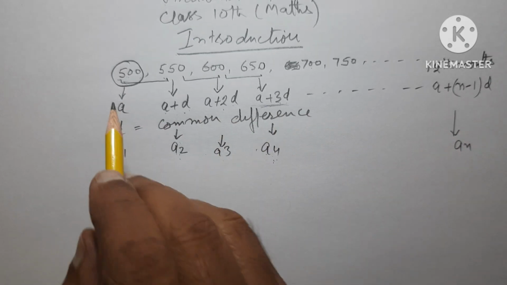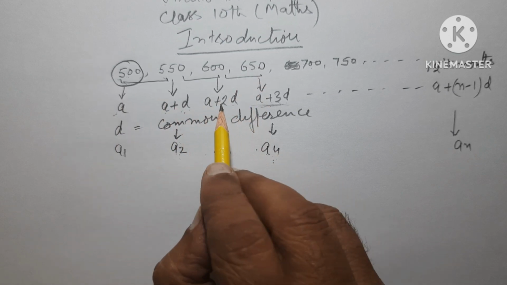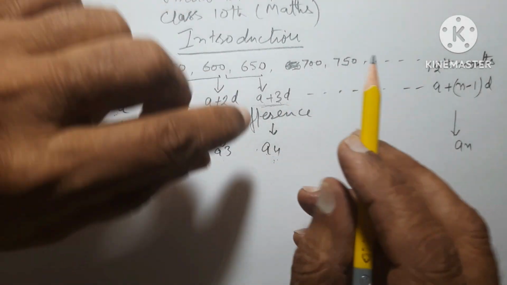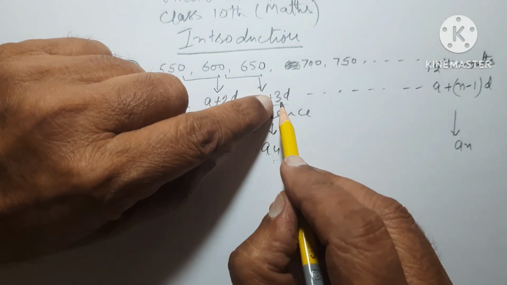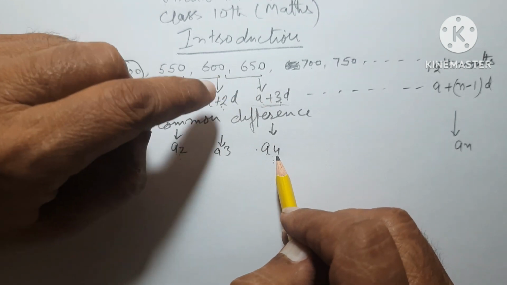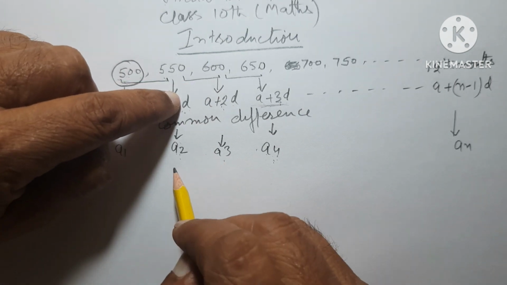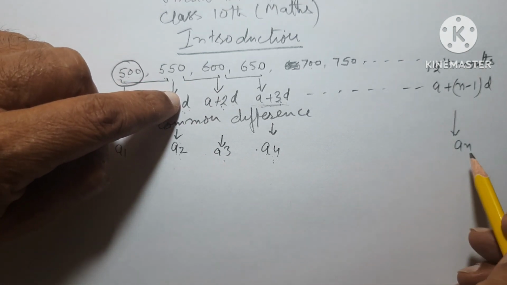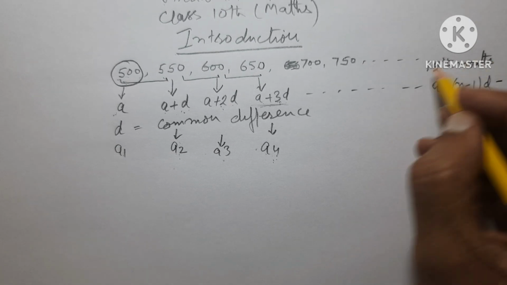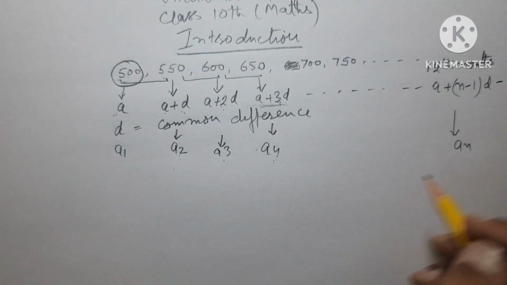Again listen, first term is A, second is A plus D, third is A plus 2D, and fourth is A plus 3D. It is the fourth term, but here 3 is written, 1 less than the number of the term. So this is a general formula for representing any arithmetic progression, the general term.